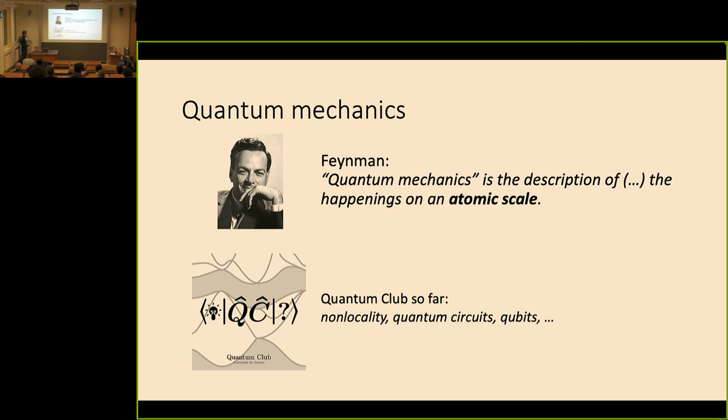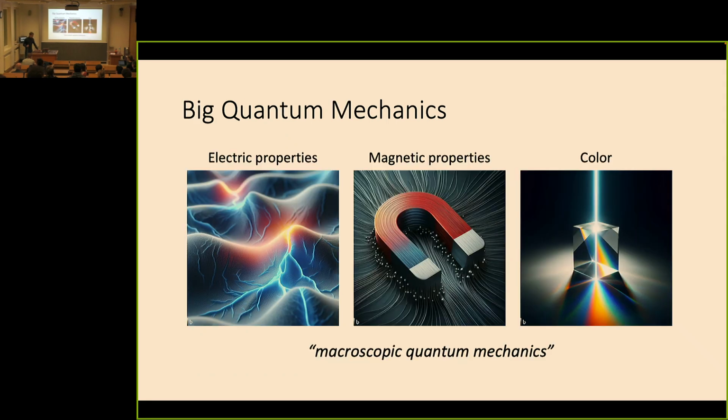So far, the quantum club was dealing mostly with this atomic scale type of quantum physics, like non-locality, qubits, and that kind of stuff. But I hope to convince you tonight that the quantum mechanics of big stuff, the size of you and me, is actually equally cool. So when I say big quantum mechanics, what do I mean?